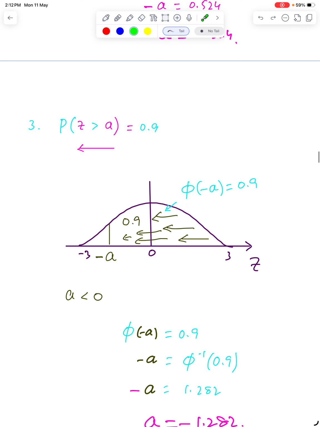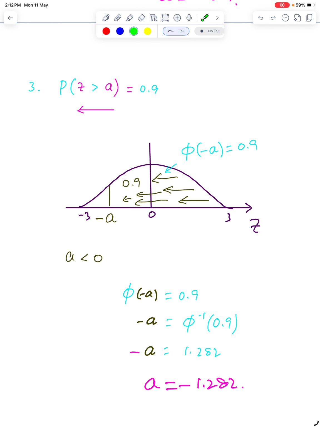Now consider the next case, the greater one. Since this is a greater sign, we shade from upper tail towards the lower tail. And since the area is greater than 0.5, the shading crosses the center line. And since this unknown is on the left side of 0, it must be negative.